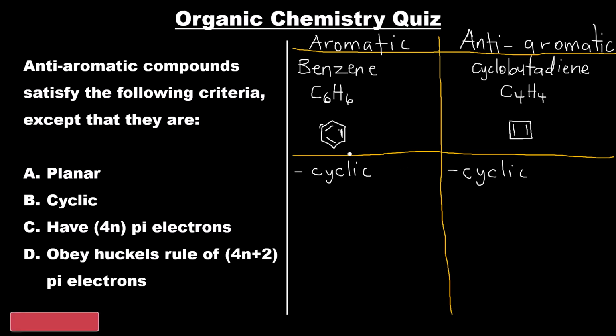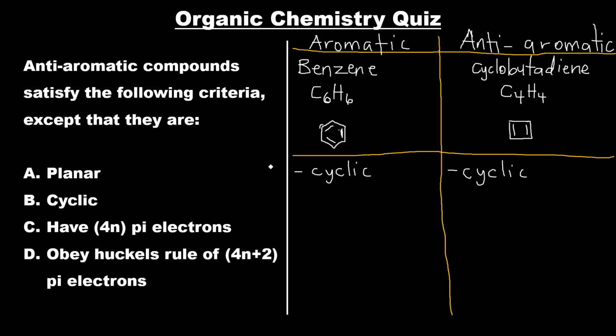And this is obvious from the structure of benzene that we have. So you realize that the structure of benzene is a closed ring structure. And the same thing applies to the cyclobutadiene. So that is what you mean by the molecule being cyclic. It should be a closed ring structure. That will make it fit the rule for being either aromatic or anti-aromatic.